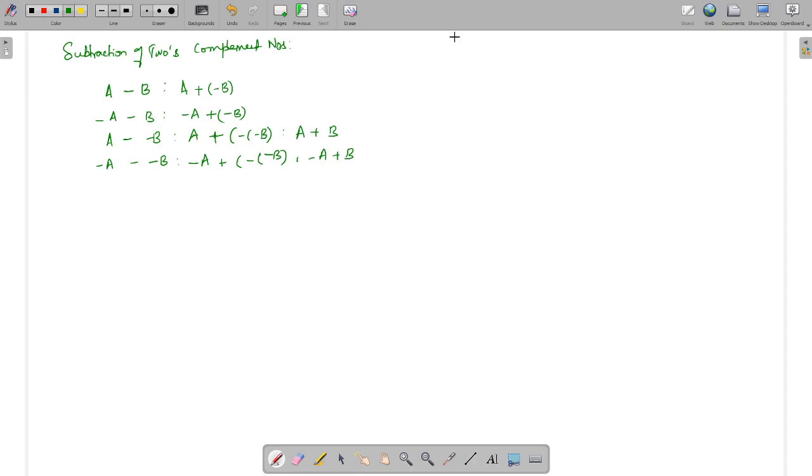Let's try some numerical examples, so that it will be clear for you.